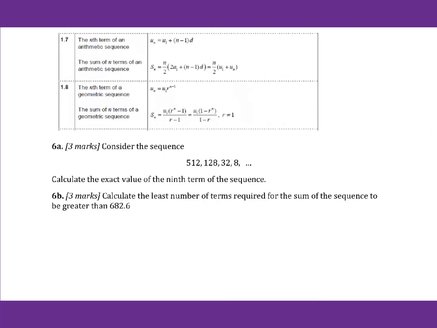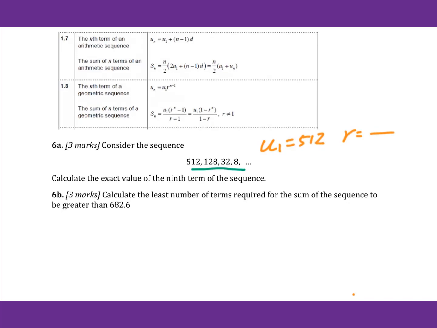Let's go to 6a. Consider the sequence like this. Calculate the exact value of the 9th term of the sequence. According to the given sequence, we know u sub 1 equals 512. r equals 128 over 512, which equals 1 over 4.